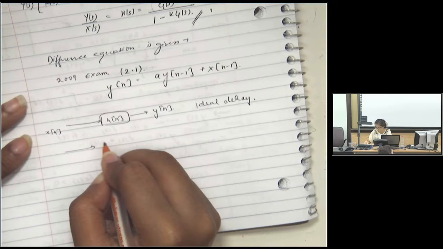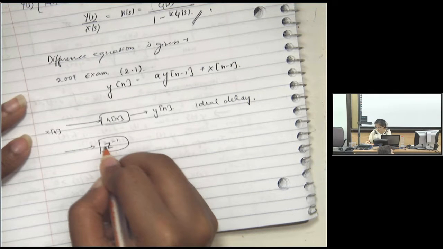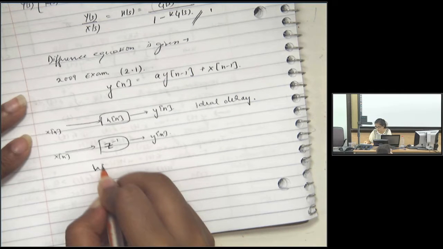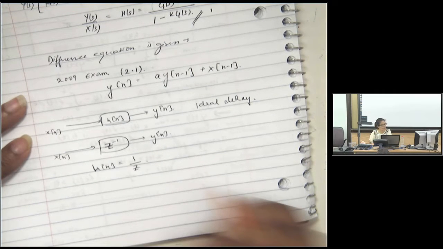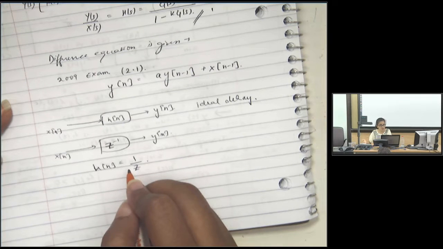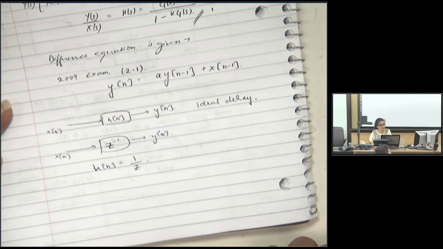This is also represented as z inverse, z raised to the power minus 1, because my impulse response, that is h of n, is equal to 1 over z. This we had found in the previous problem solving session. Is that because z to the minus 1 is the transform of the delta?